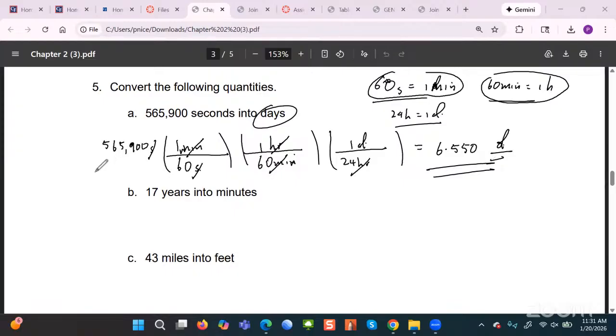Now, let me explain why I'm rounding it off to 4 sig figs. The main reason why is because here we have 4 significant figures, right? Now, you might be wondering, even though this was explained in the videos, why don't I take into account the numbers here, here, and here, right? And the reason why is because those numbers are what we call exact numbers.